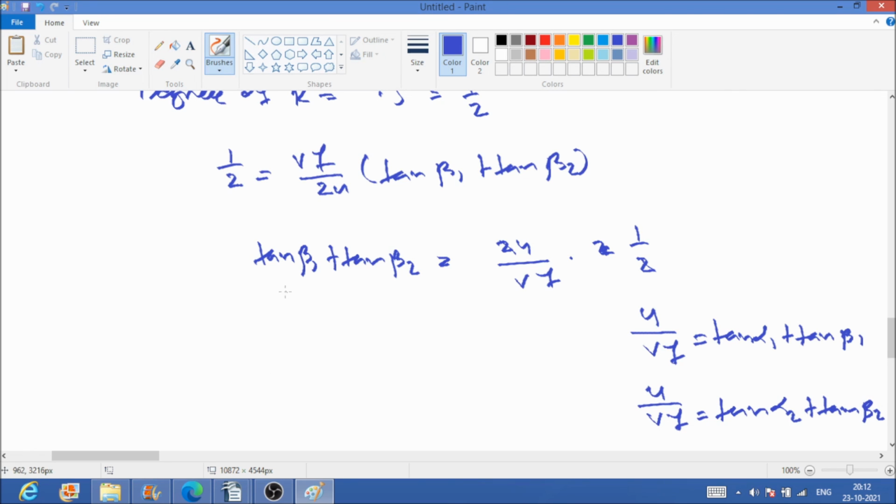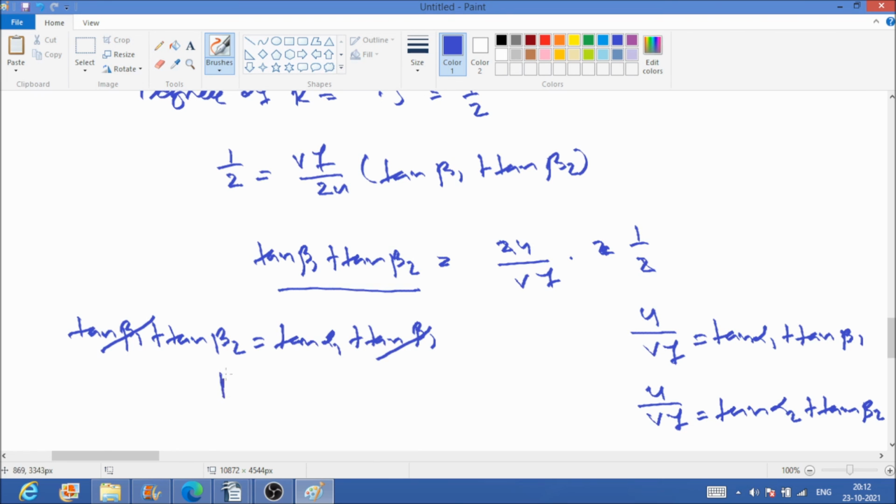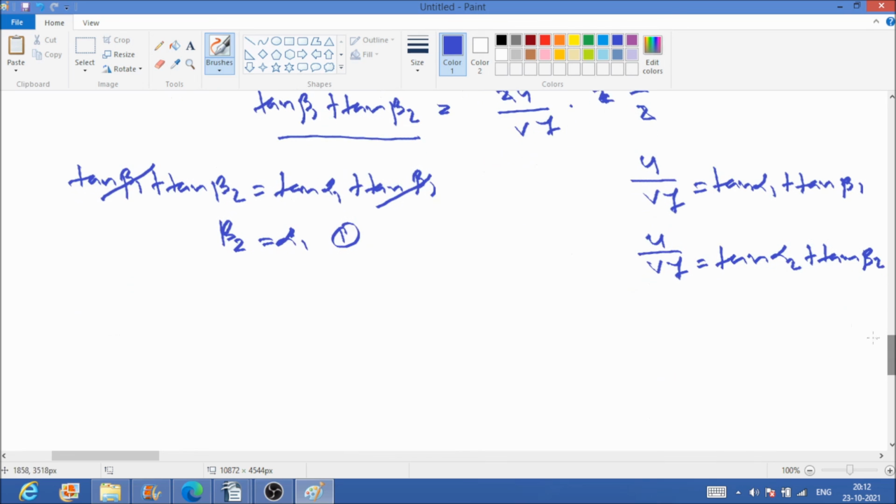Now see, I take this first expression, then tan beta 1 plus tan beta 2 is equal to tan alpha 1 plus tan beta 1. So this will get cancelled out. Tan beta 2 will be equal to tan alpha 1. That means beta 2 will be equal to alpha 1. One expression.